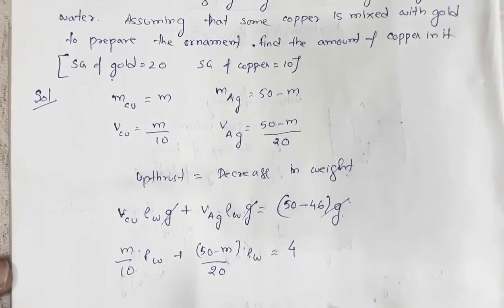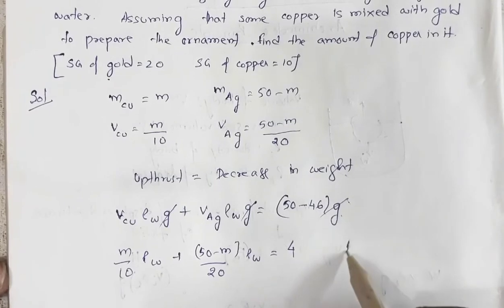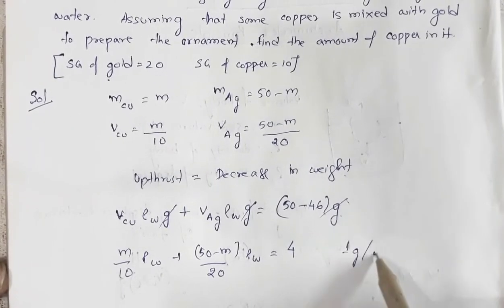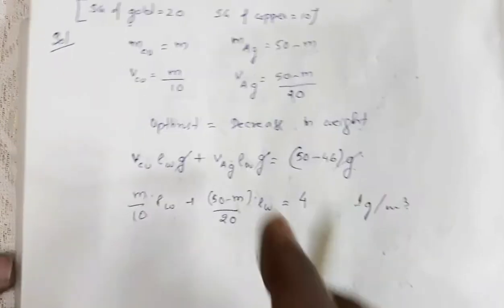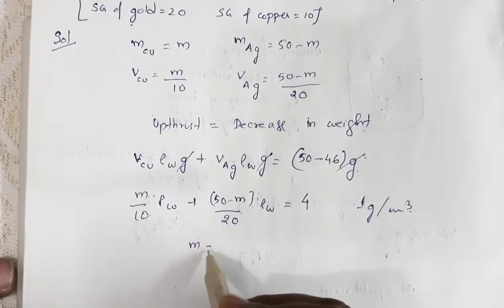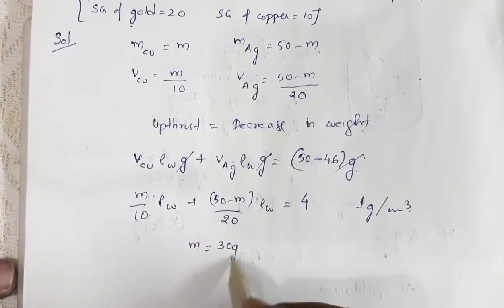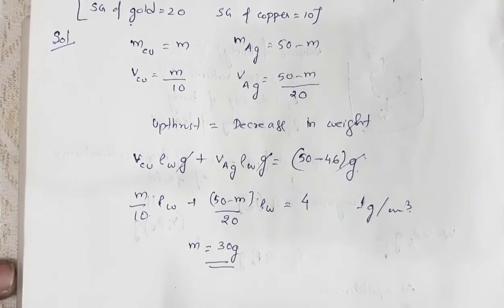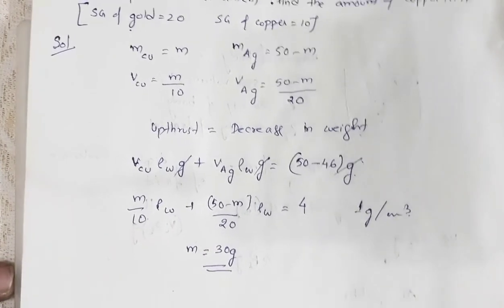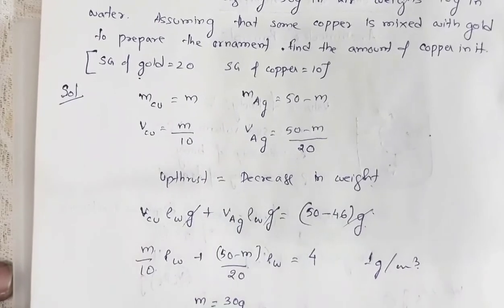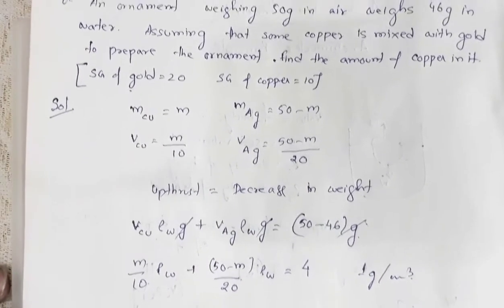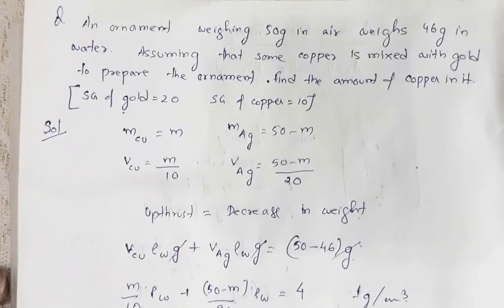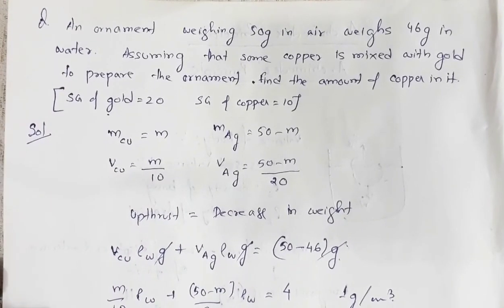Now the density of water in CGS is 1 gram per centimeter cube. If you solve this, you will get m as 30 gram. M is the mass of copper, so the mass of copper in the ornament is 30 gram. So basically using this method, we can check the adulteration in ornaments.